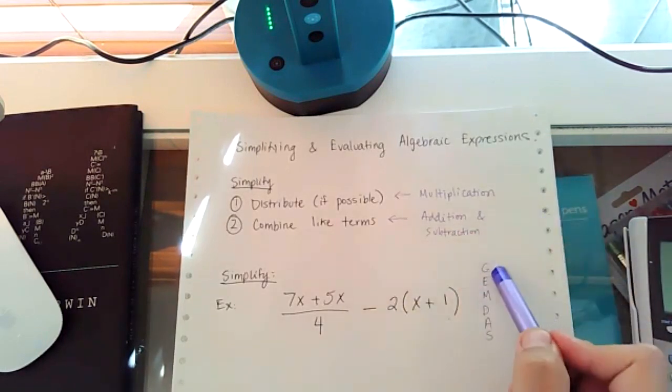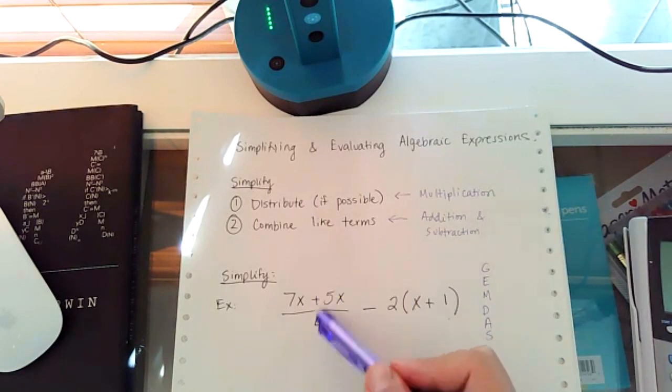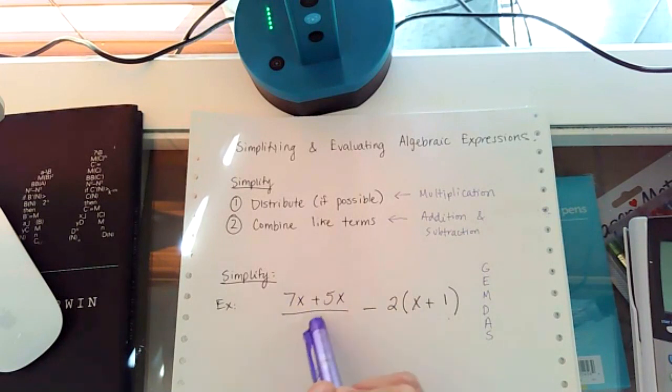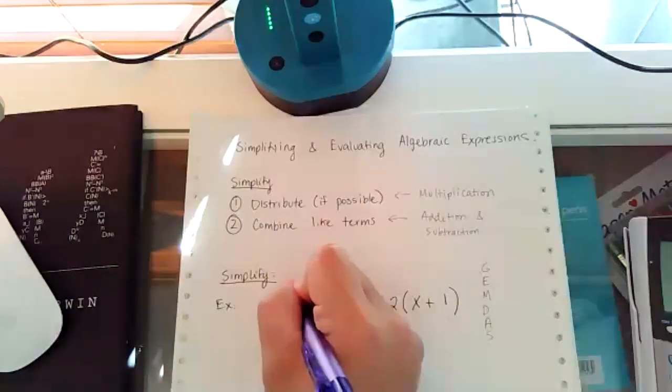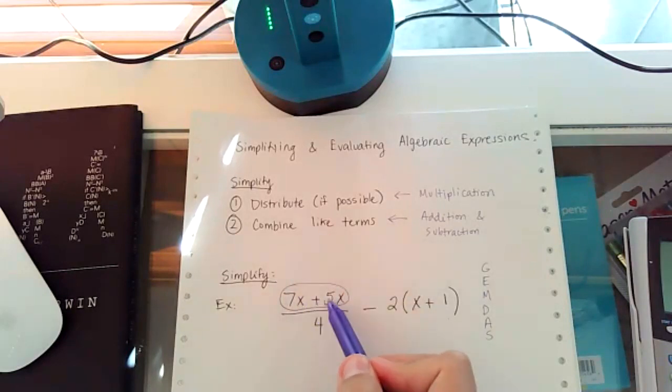I'm going to say, okay, are there any other grouping symbols? Now, when we introduced GEMDAS, I said grouping symbols could be parentheses or it could be fraction bars. And we can take care of the stuff on top of the fraction and on the bottom of the fraction if we have expressions above and below the fraction bar. So in some sense, we could say that this is a grouping symbol here, and I can simplify this expression since I have 7 apples plus 5 apples.